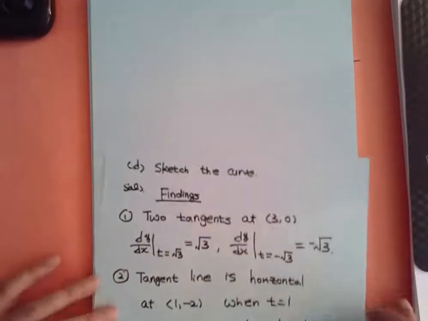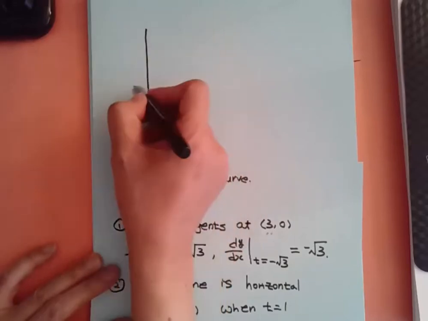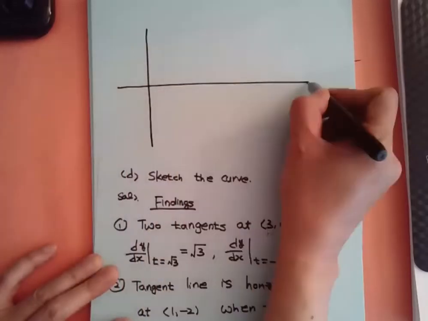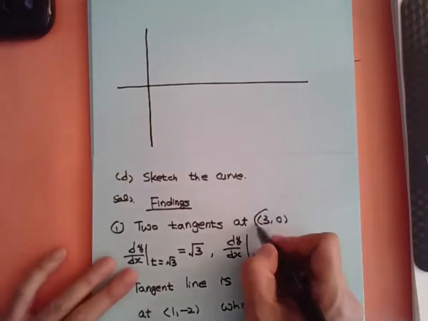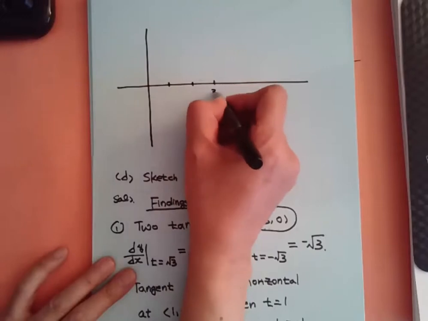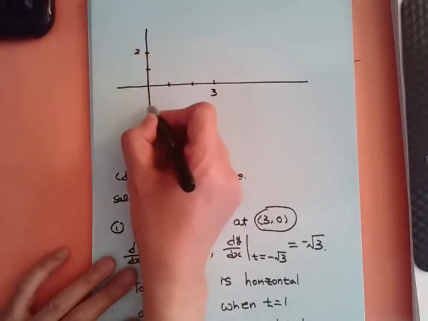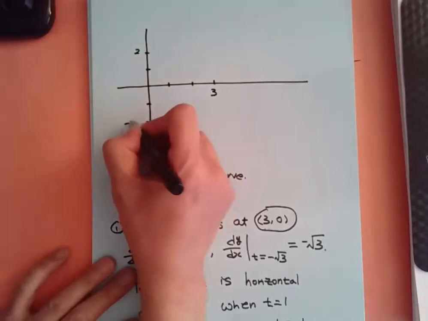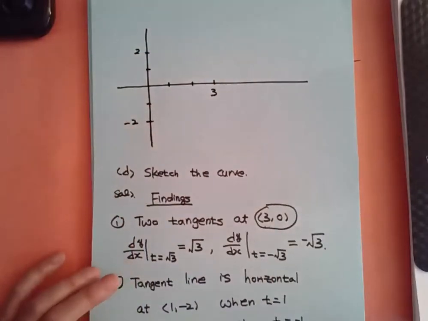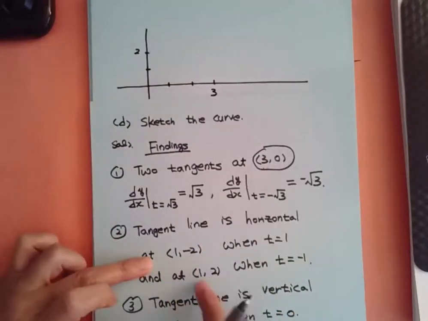Let's move on. The first important point was (3, 0). The tangent line is horizontal at (1, minus 2) and (1, 2).